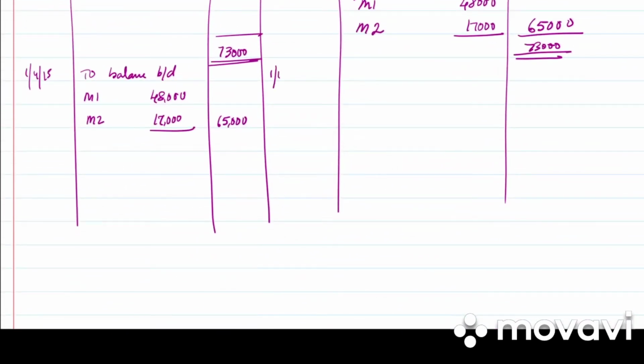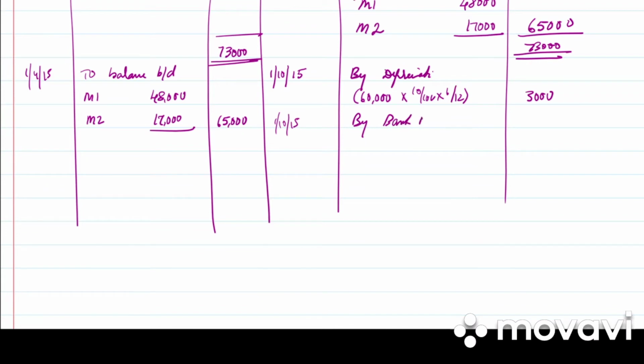So first thing, on 1st October 2015, we'll calculate depreciation. It is 60,000 into 10 by 100 into 6 by 12, 3,000. Then on 1st October, we sold the machine.